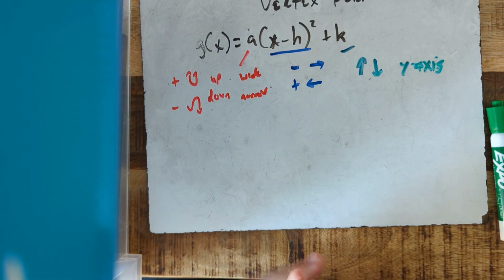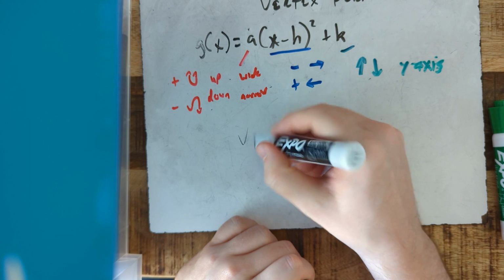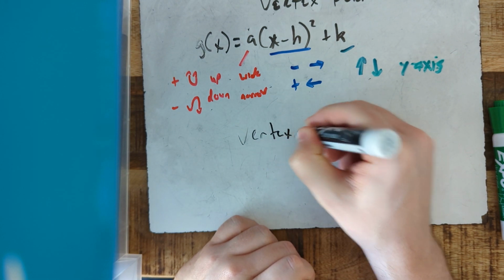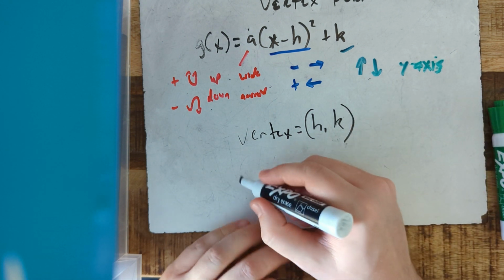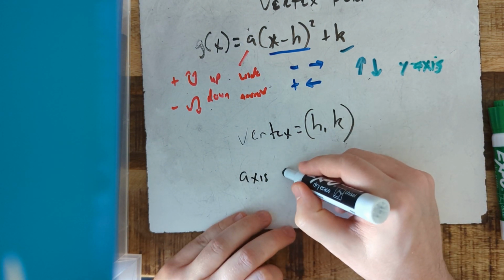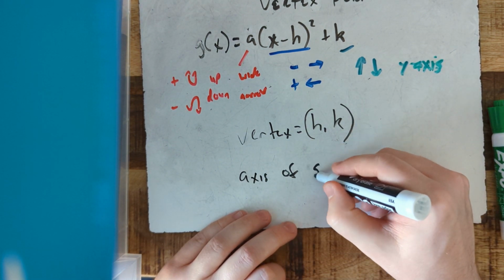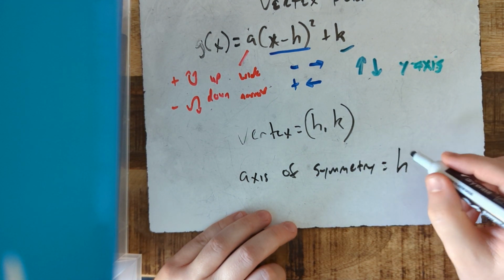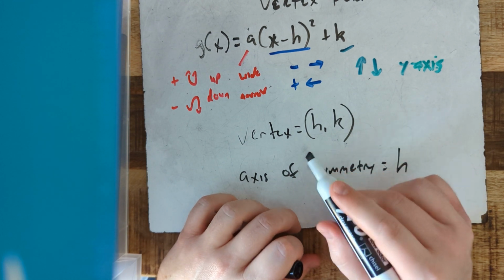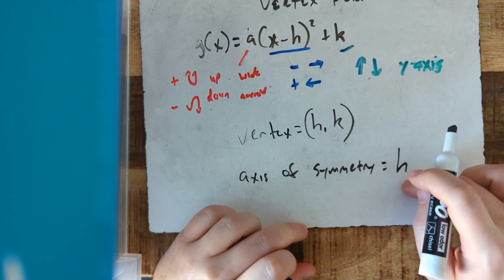Of course, our vertex equals (h, k), and our axis of symmetry equals h. So whatever we get for h, our x point in the vertex, that's also our axis of symmetry.